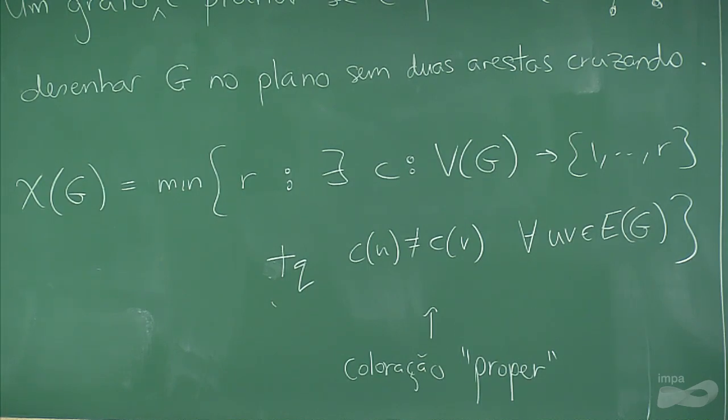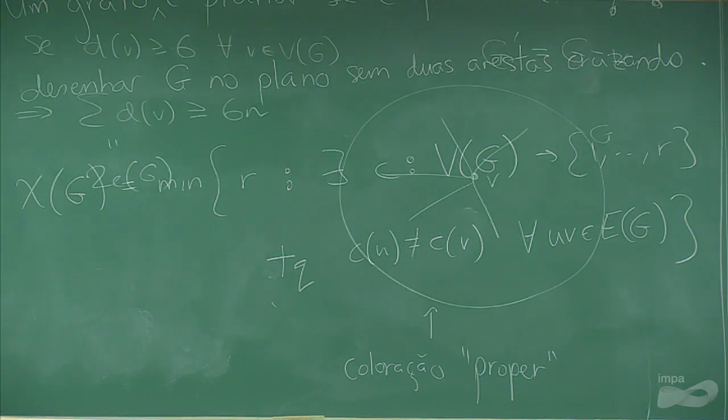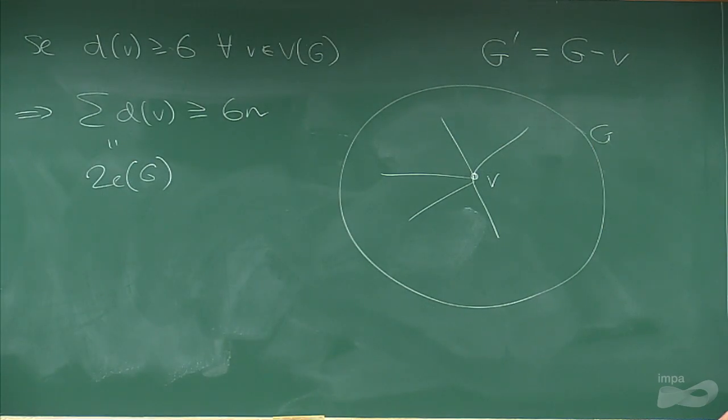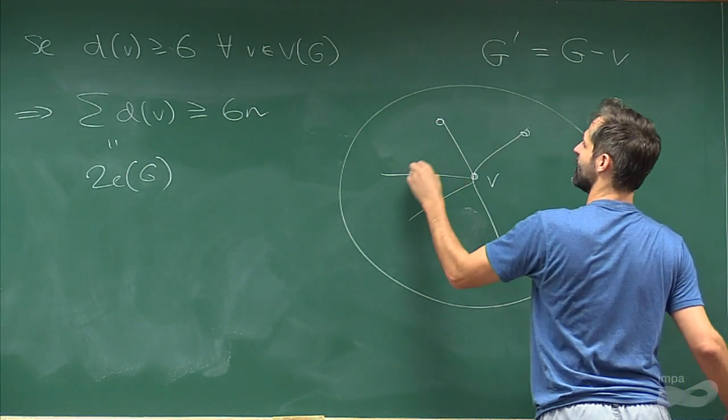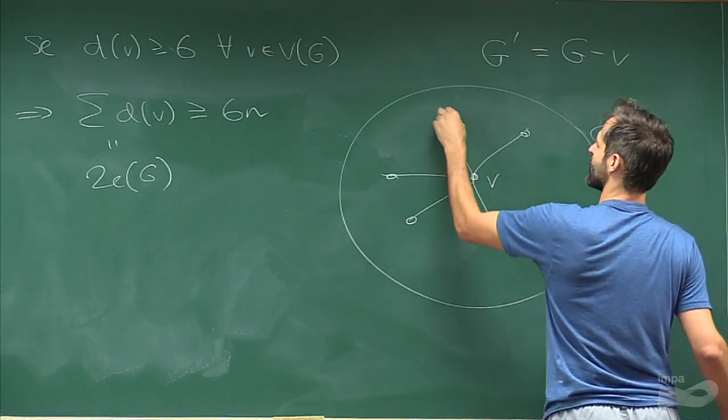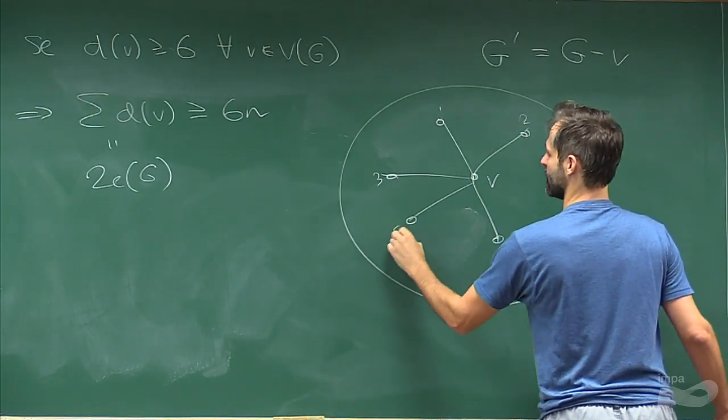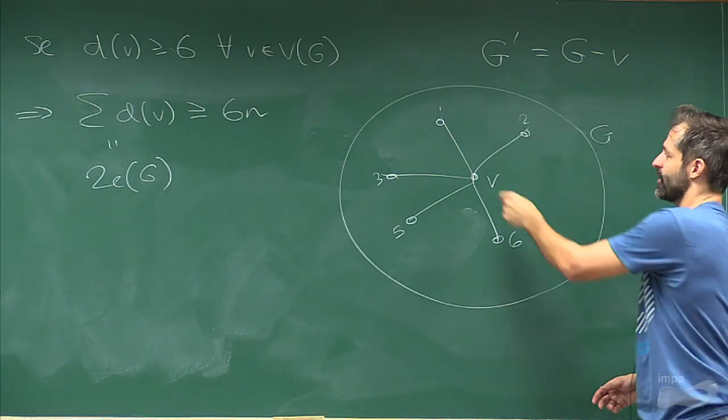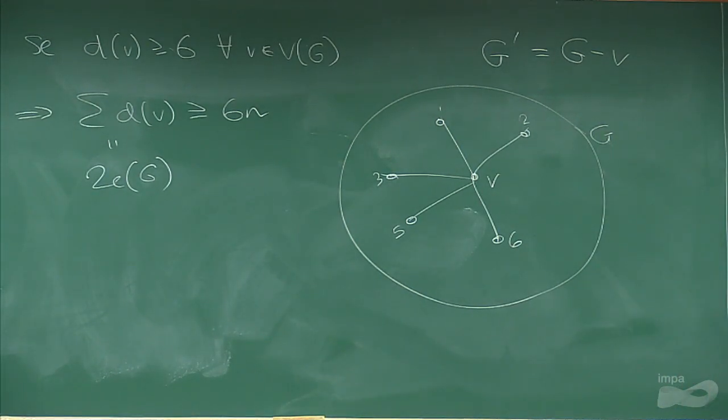Then when you put back v, it only has 5 neighbors, so there's always one color available. Just look at the neighbors of v. There's only 5 of them, maybe their colors are whatever. There's always a color available, so you can always color this last vertex.